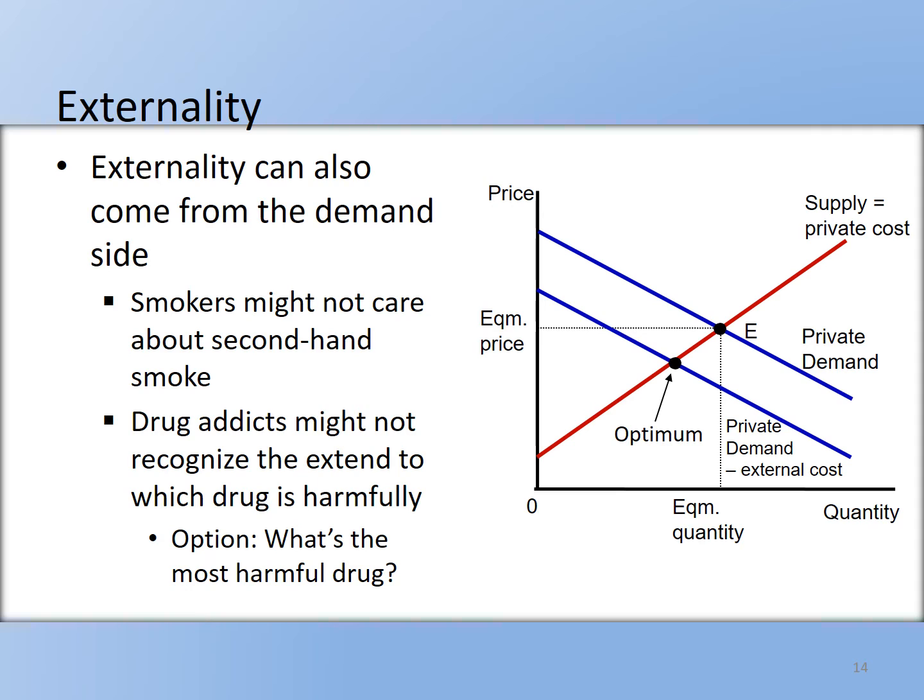So the vertical distance between the two demand curves represents the external cost, right? If you're talking about a seller polluting, you push up the supply to recognize the cost. If you're talking about buyers not recognizing the harm of alcohol, you push down the demand to recognize the external cost. Either way, what we want to show is that the optimum is lower than the free market.